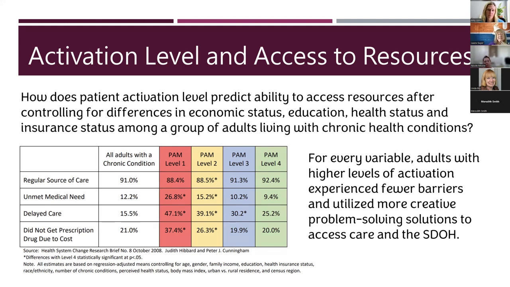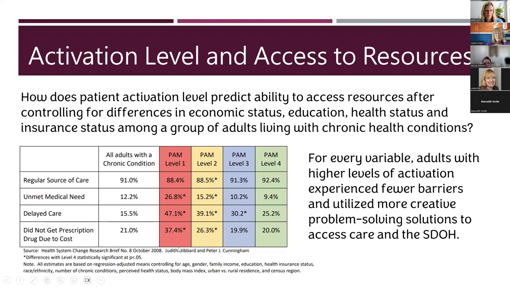So you can see that when we look at adults who have a regular source of care, an unmet medical need, delayed care, or who did not get a prescription drug due to cost, this is what we find for all adults with a chronic condition.